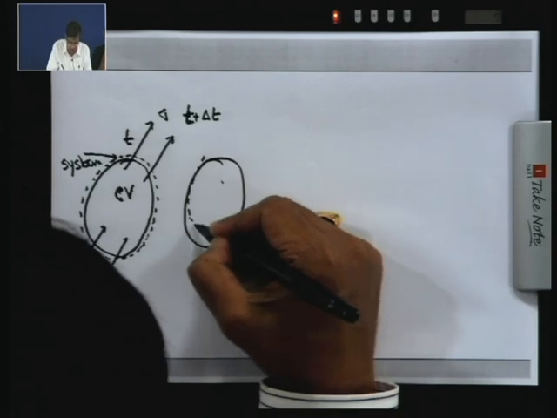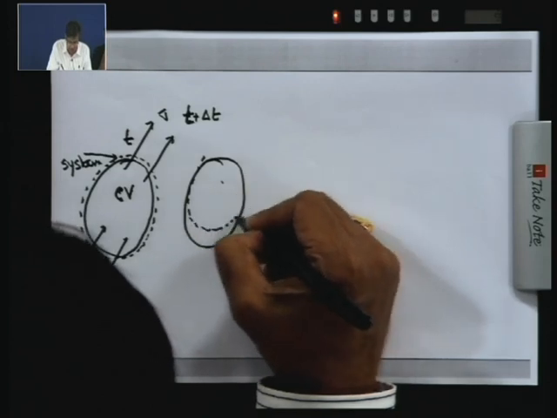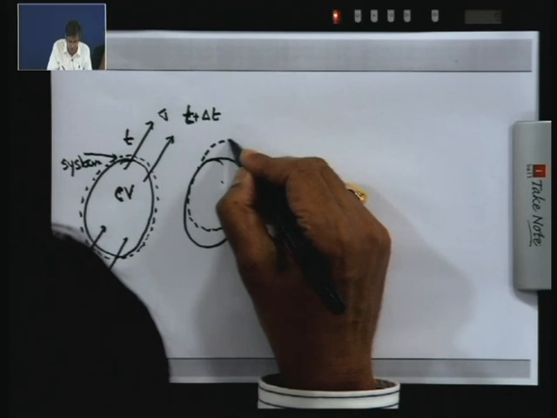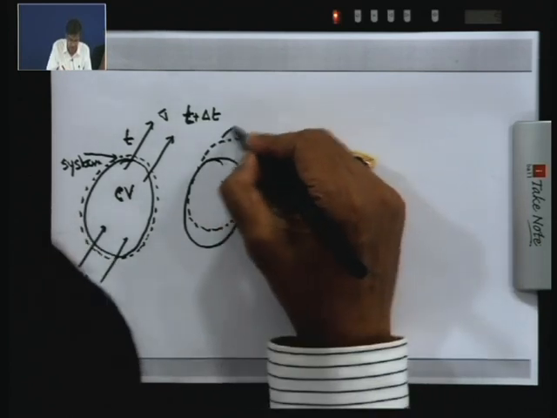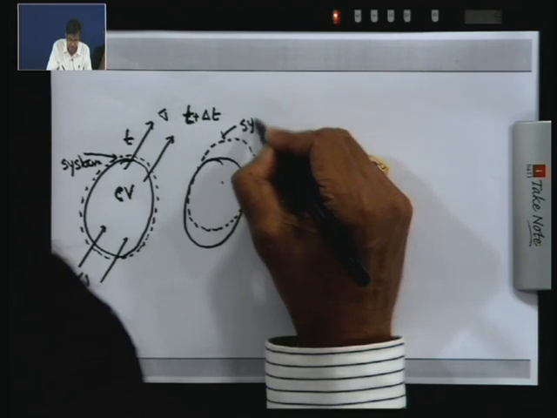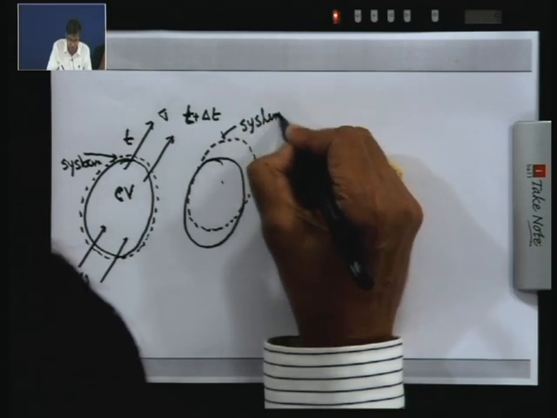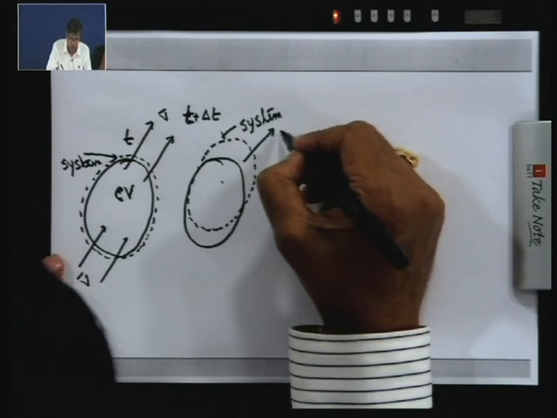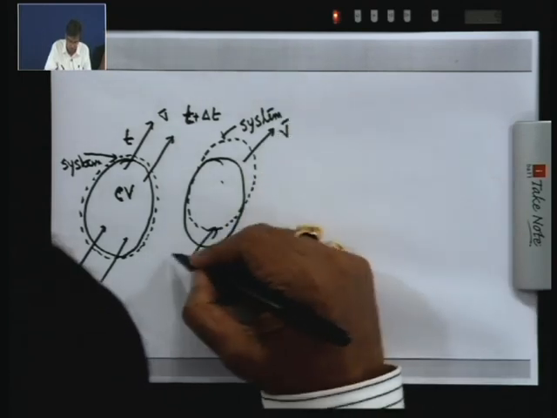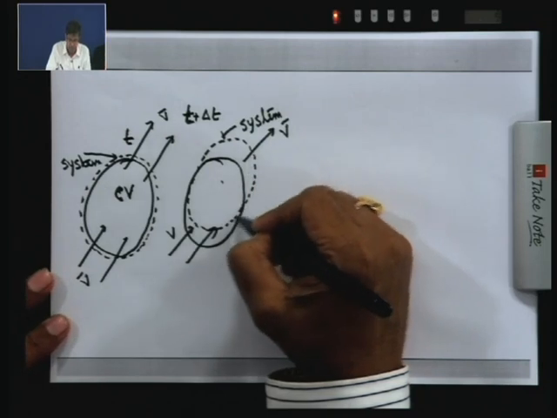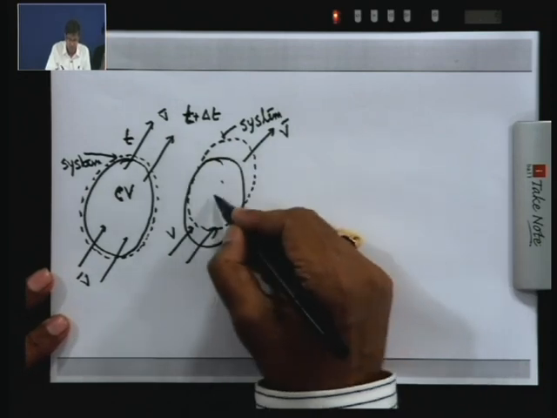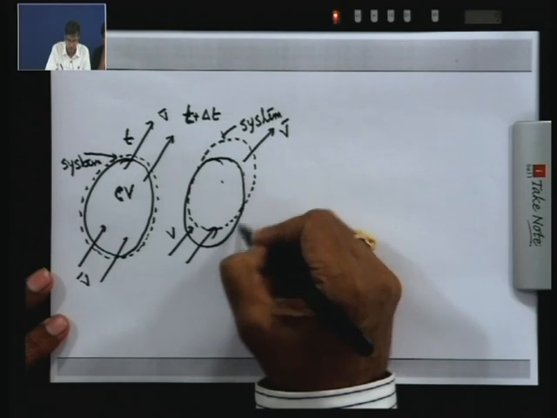The system has moved somewhat in this direction in the flow field, the same flow field. Now this is the position of the system at time t plus delta t, where the control volume remains the same, the firm line.